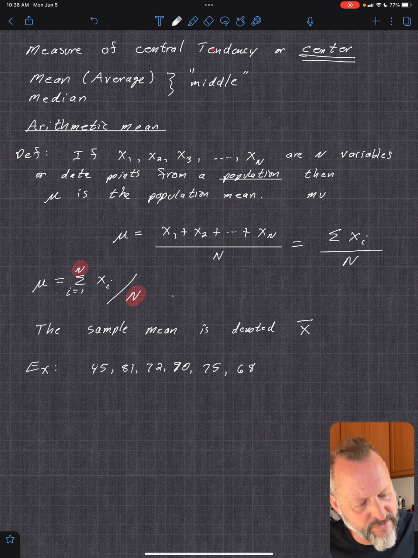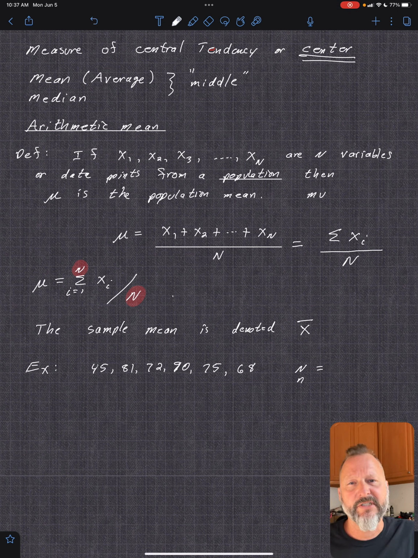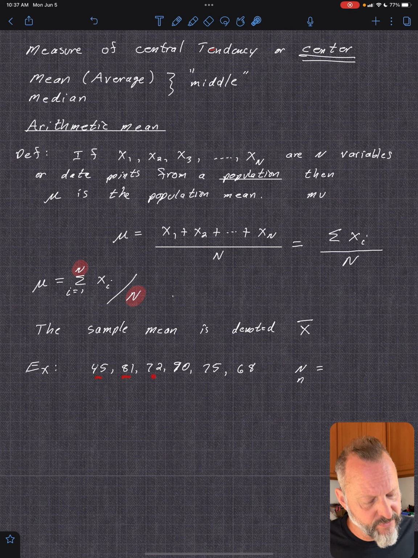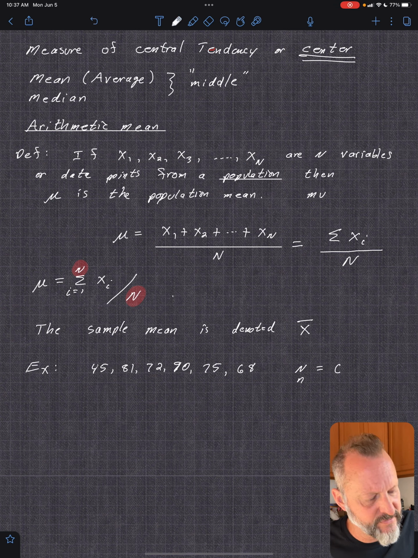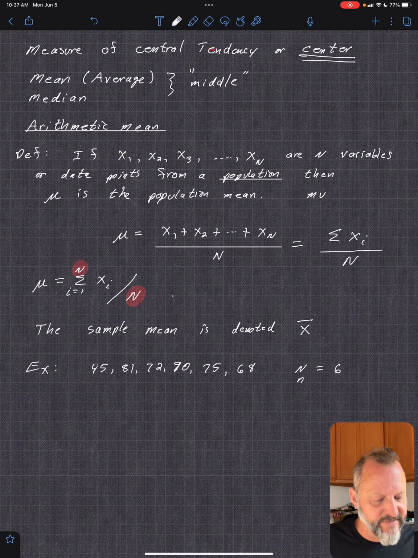So first of all, you want to indicate your N. Sometimes it's capital N, sometimes it's lowercase n, depending on the book, depending on the instructor. So your N, and that's always something you're going to be asking. What's the N? What's the size of this sample? What's the size of the population? Who are we talking about? Those are things you want to be asking. Well, 1, 2, 3, 4, 5, 6. Okay, so your N is 6. Not a very big sample, not a very big population, but it gives you the idea.